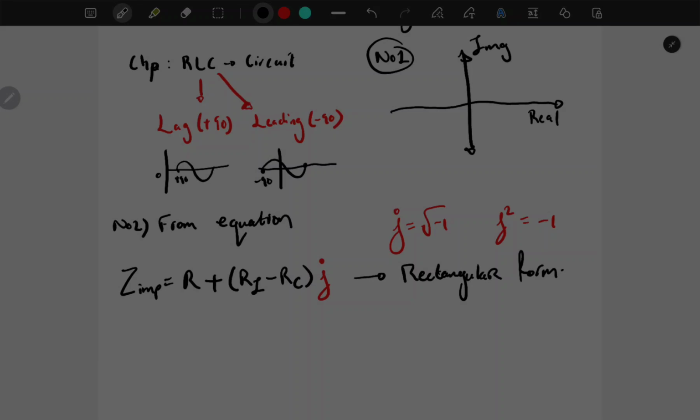After that you would be asked to convert it to polar form. So you can be given either polar form or rectangular form, right? Polar form would basically be Z is equal to the hypotenuse and then the angle theta.